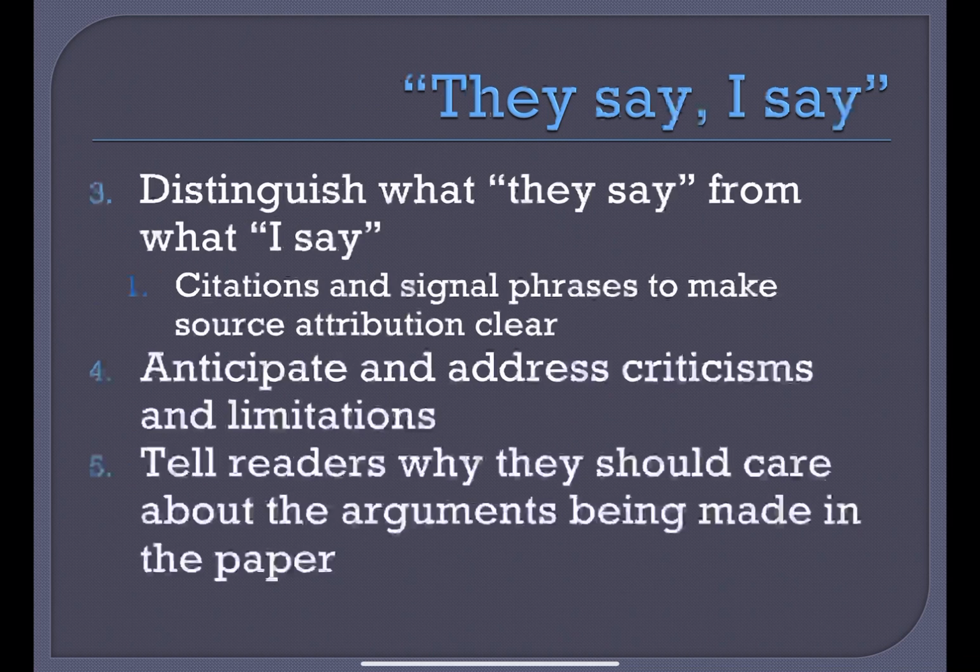And you need to anticipate criticisms and address them, so getting at that counter argument component. And you should do this while avoiding using they say, I say. This is called the they say, I say method, but you don't actually want to use that terminology. The idea is how you frame the problem, or how you frame the approach to writing.